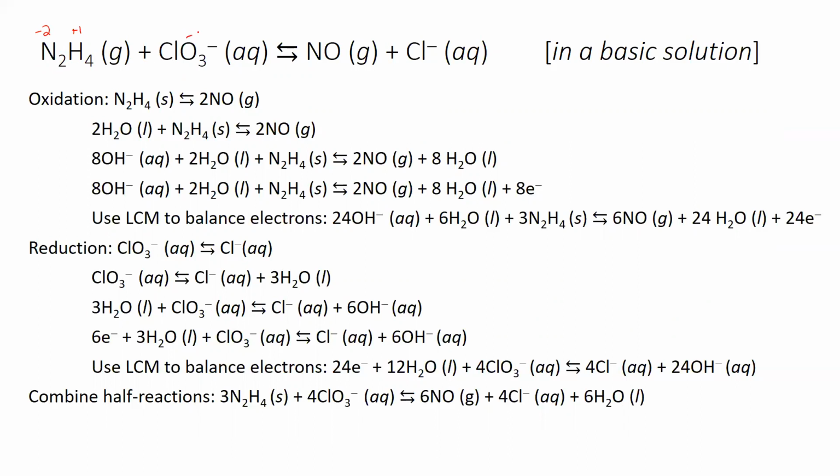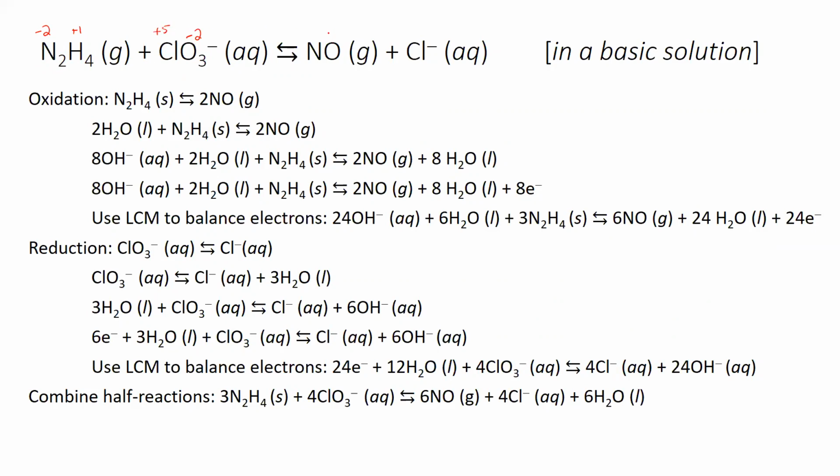Here's our chlorate molecule. Oxygens we know are -2, so -2 times 3 means oxygens account for a total of -6 charge. So -6 plus whatever chlorine is equals the -1 charge on the ion. So chlorine must be +5 here in the chlorate.